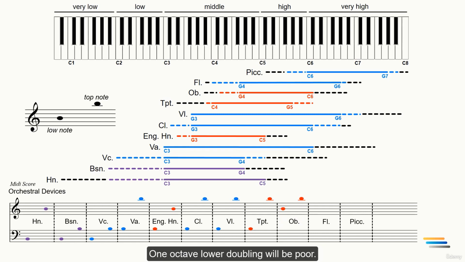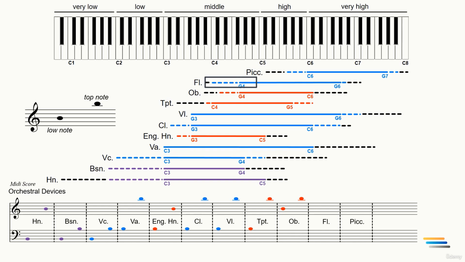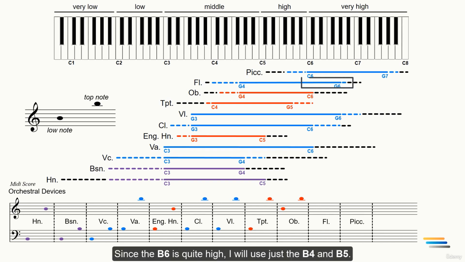The one octave lower doubling will be poor. What about the flute? The low register will be useful in another chart. Since B6 is quite high, I will use just B4 and B5.